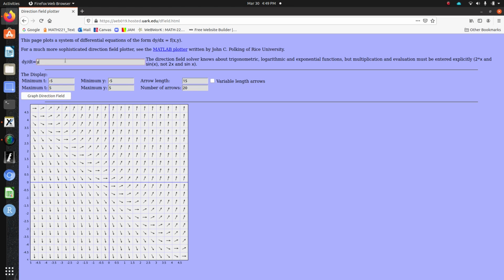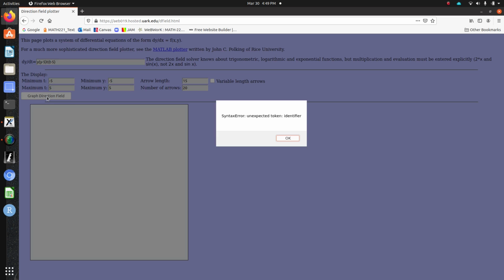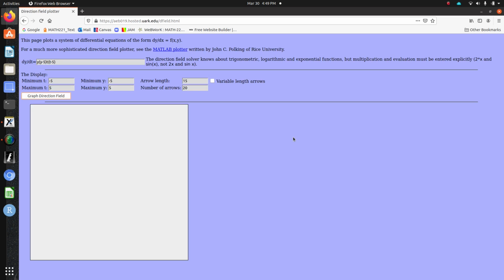If I say y minus 5, t minus 5, and of the different plotters, this one did the best. Maybe I need to multiply inside here. It did a good job last time I tried.